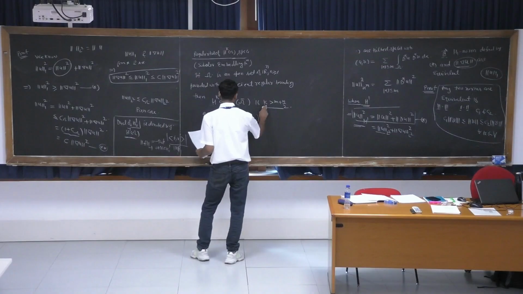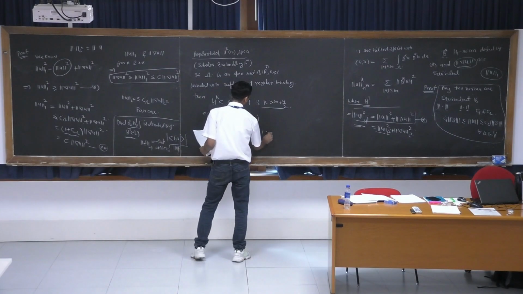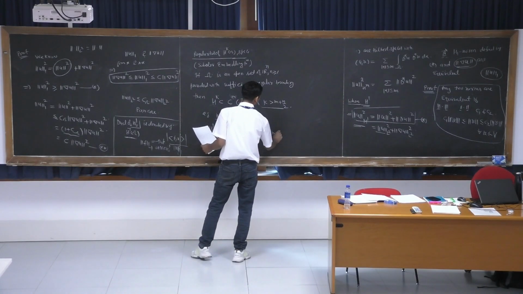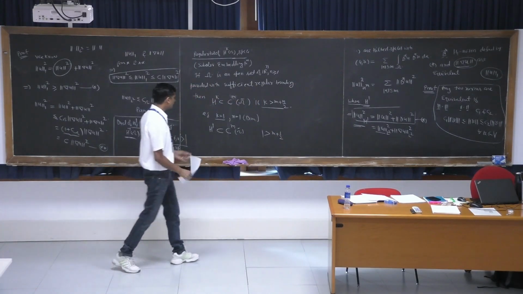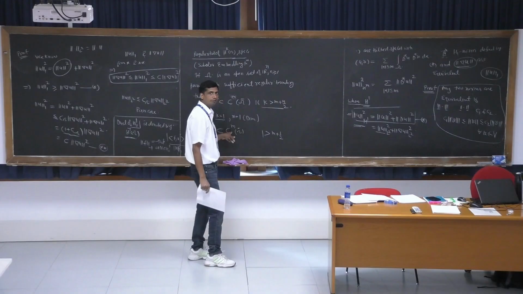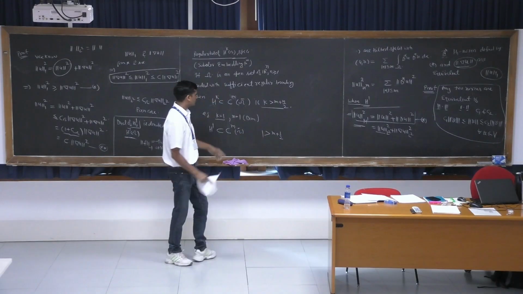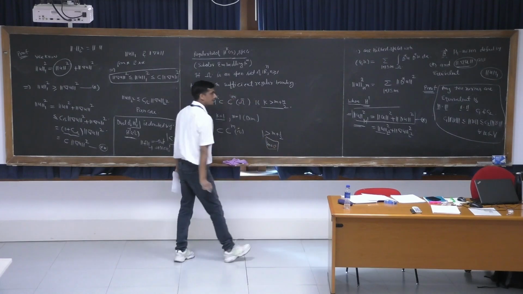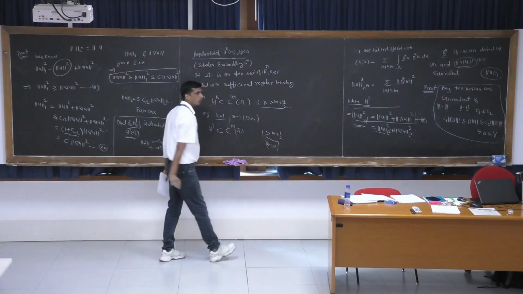This condition should be implemented: k is 1, so 1 must be greater than m plus n by 2, with dimension also 1. So what value of m will satisfy this? If you take m equal to 0, this is okay, 1 is greater than 1 by 2.